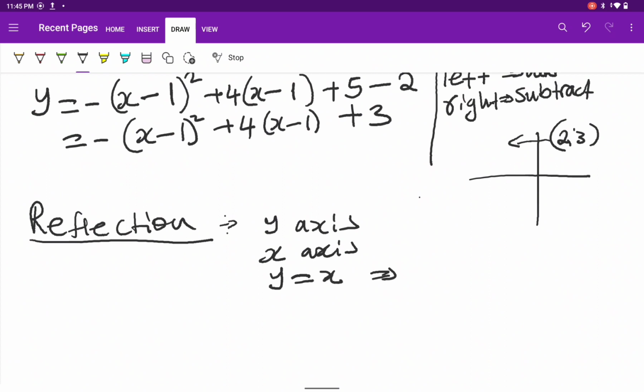Now remember, the line y equals x, we are actually calculating the inverse. In this case, we are calculating the inverse. So let's see what is happening.